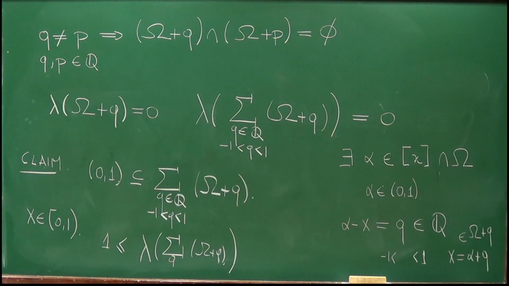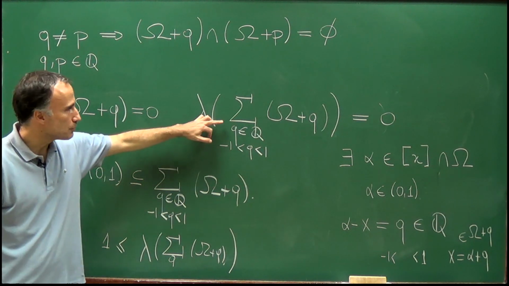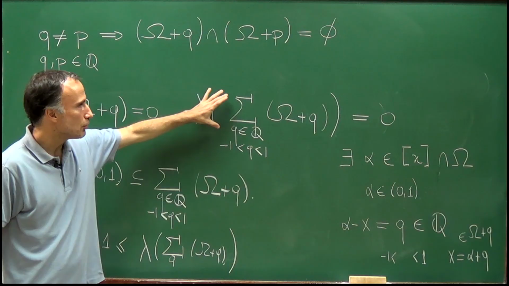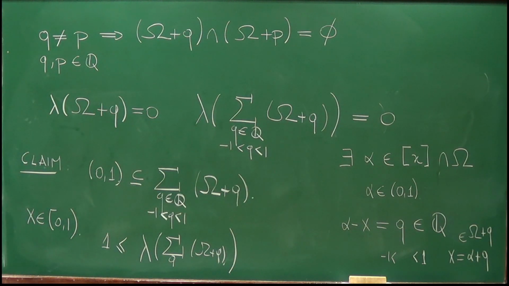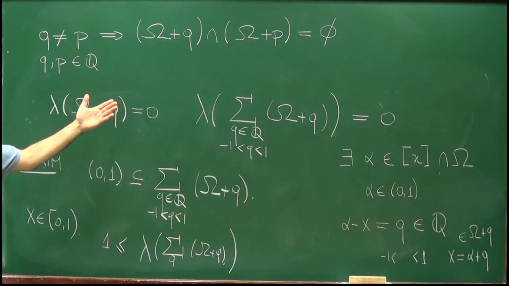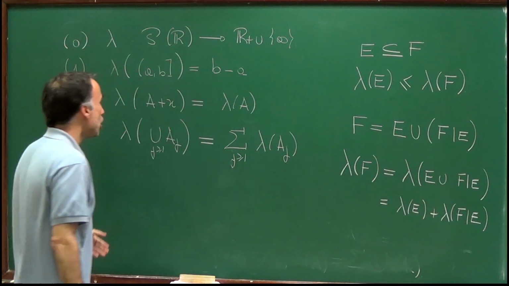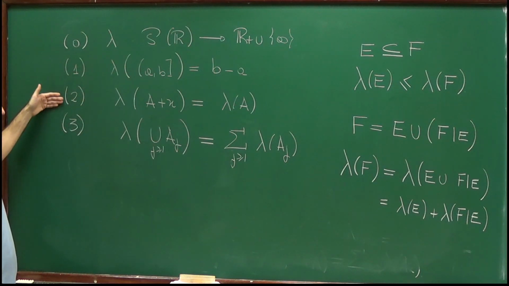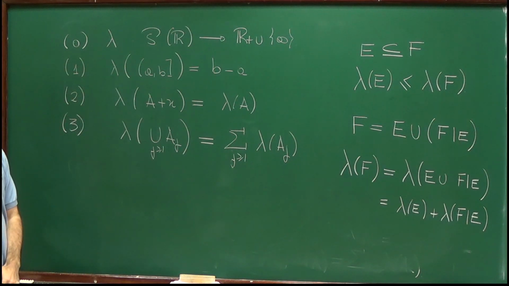Right? Which is in contradiction with what we proved before, because we proved that the measure of this set is equal to 0. So here is the contradiction showing that it's not possible to have a function satisfying all these 4 properties.